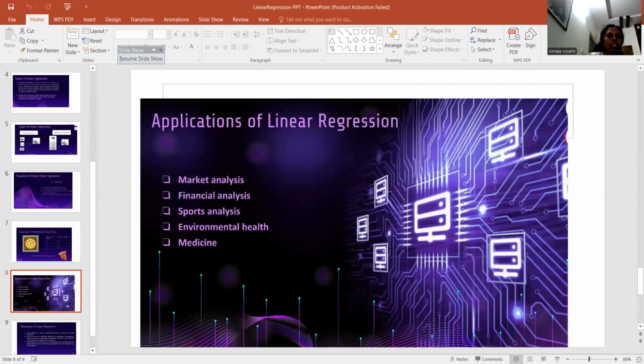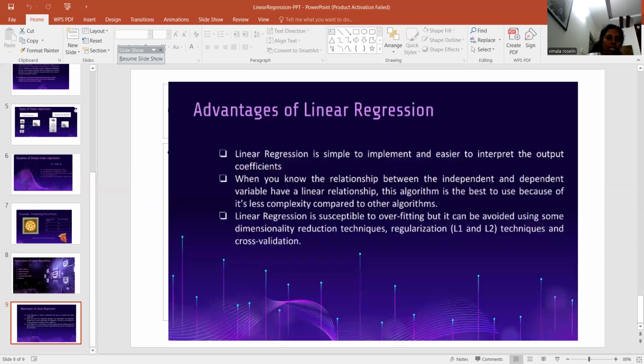There are applications of linear regression in marketing analysis, financial analysis, sports analysis, environmental health, and medicine. Now, the advantages of linear regression. It is simple to implement, and it is very easy to interpret the output coefficients.